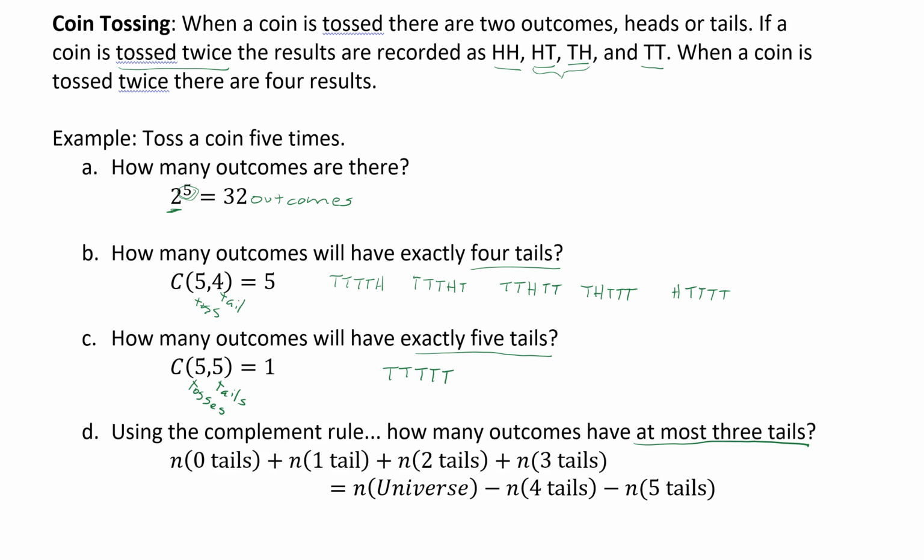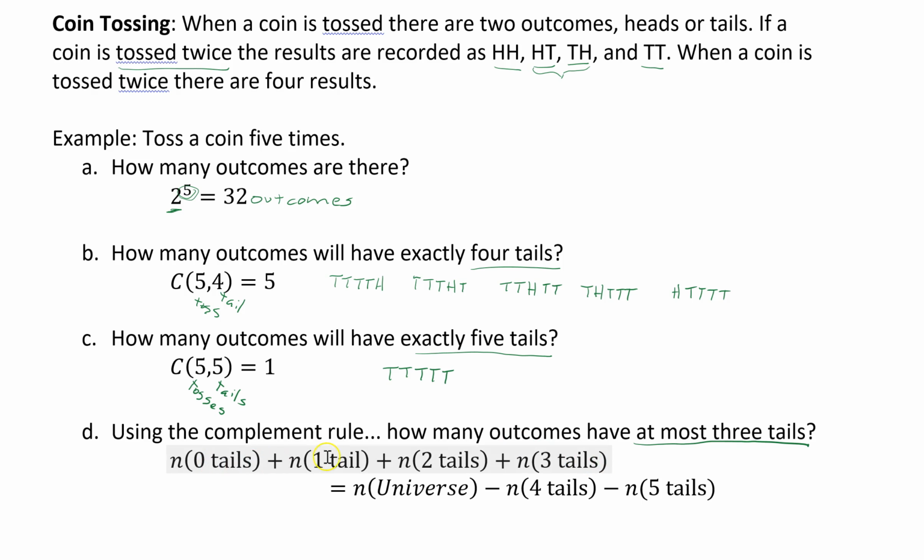In part D, we're going to take a look at using the complement rule. You've used the complement rule in other problems and lectures. So here the question is, how many outcomes have at most 3 tails? So we want to look at situations where there's either 0 tails, 1 tail, 2 tails, or 3 tails at most.